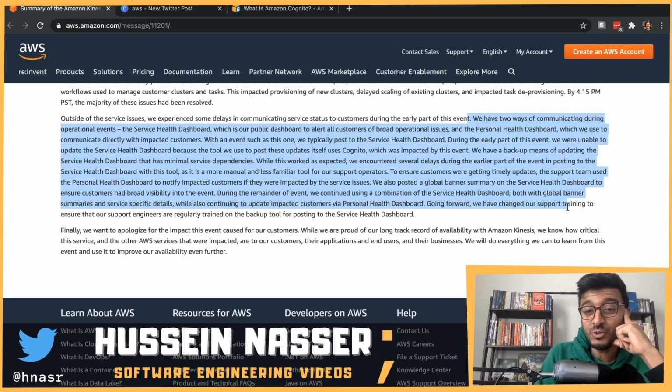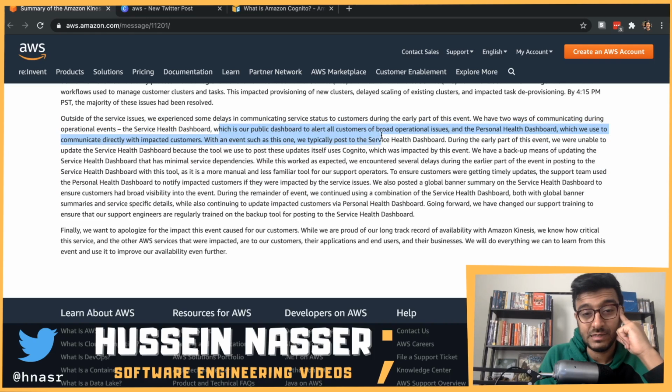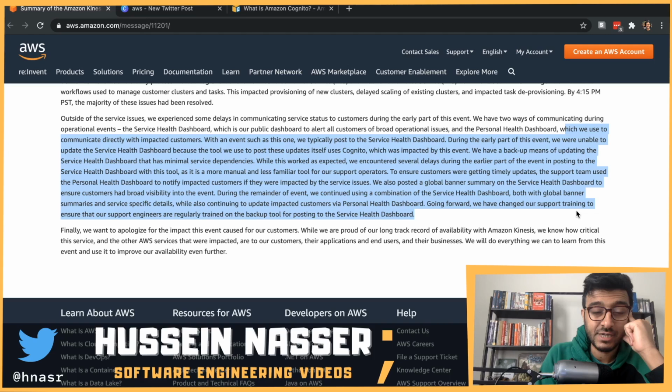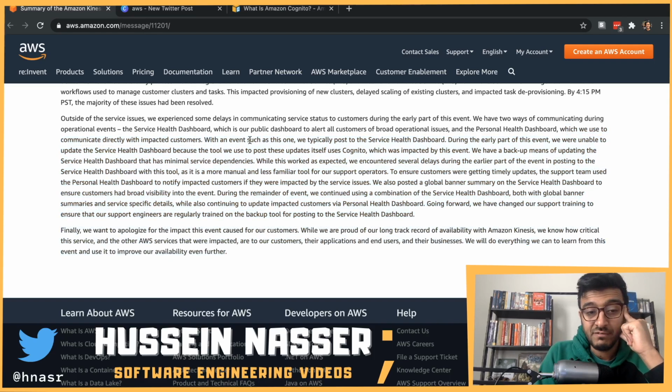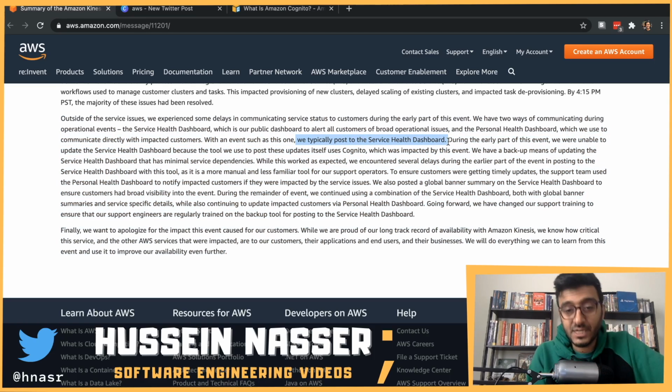We have two ways of communication during an operational event. The Service Health Dashboard, which is our public dashboard to alert customers of broad operational issues, and the Personal Health Dashboard, which we use to communicate directly with impacted customers. With an event such as this one, we typically post to the Service Health Dashboard.